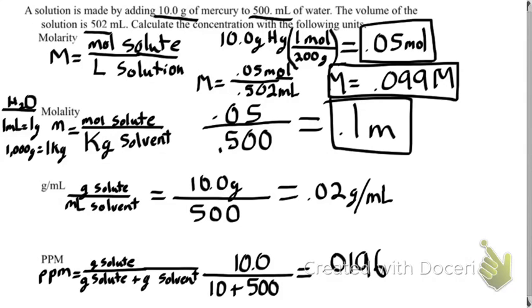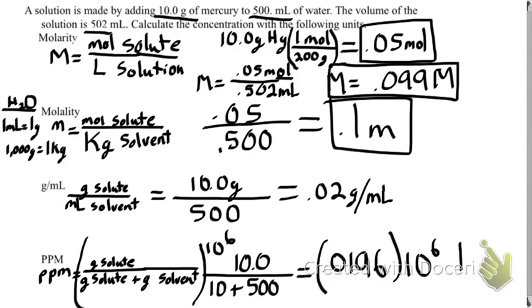But remember, with parts per million, and I forgot to put this in, everything gets multiplied by a million. Sorry, that's multiplied by a million, not times 10 to the 6th. So, we're going to multiply this by a million, and we're going to get 19,600 parts per million. Final answer.